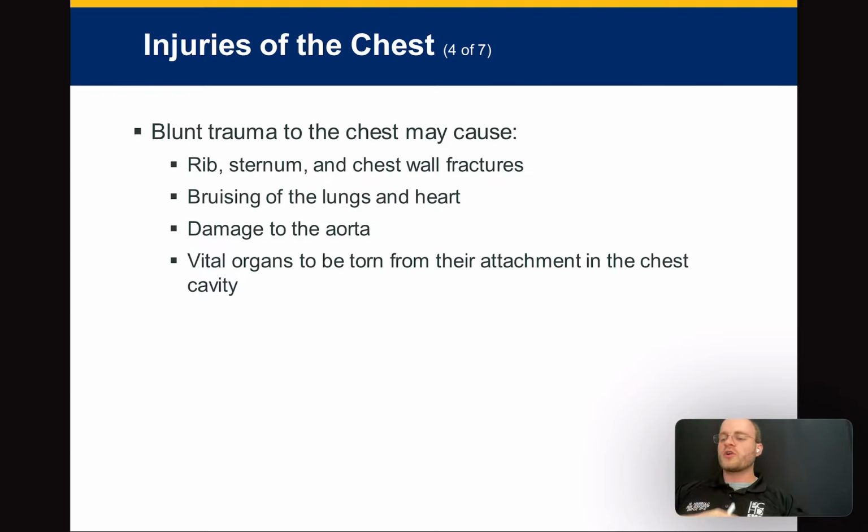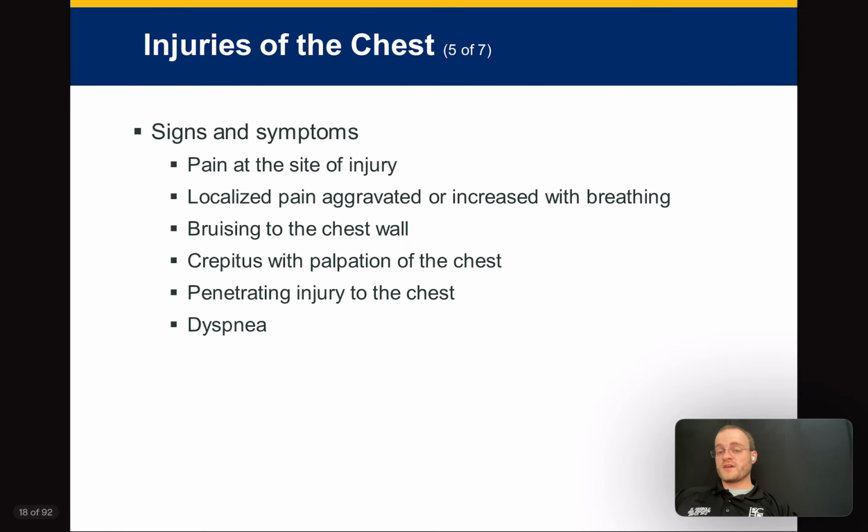And so I've seen that in a couple auto pedestrian accidents where they're hit with so much force, their head's still physically attached, but all the inside stuff is not. It got torn. And so the same thing can happen in the chest. You can get hit so hard, like hitting a brick wall at 100 miles an hour with no seatbelt. You can push these organs and completely detach them and move them into the wrong area. And so that is obviously very fatal when that happens to your heart or lungs or any of the vessels.